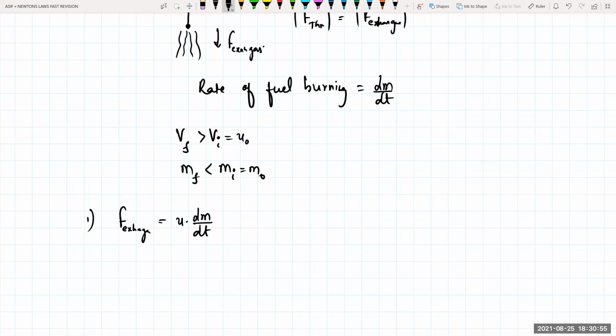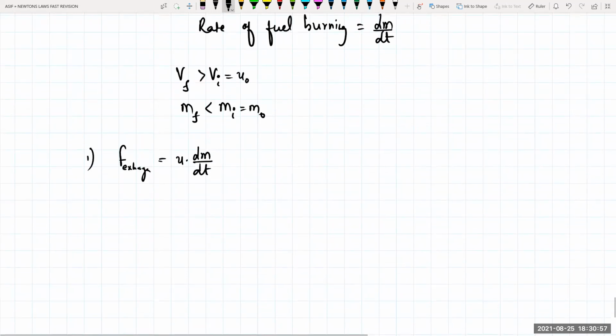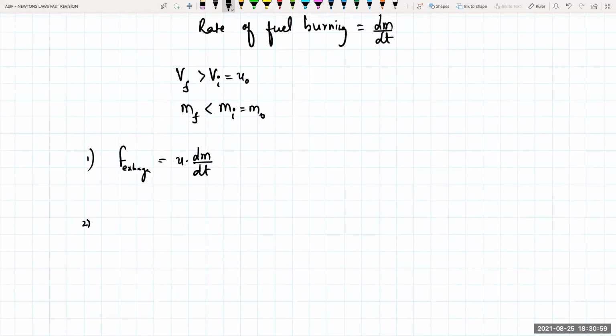Then one more formula, the thrust of the rocket will be equal to the exhaust of your gas, that is also mu into dm by dt. Clear? Mu is what, beta? Velocity. u is nothing but what? Exhaust velocity of the gases.